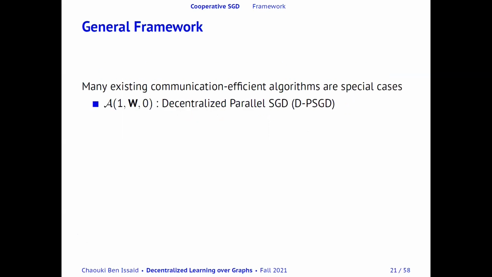nodes. Finally, if we set tau equal to 1, consider a general mixing matrix W, and set nu equal to 0, then we get decentralized parallel SGD, and this corresponds to the decentralized setting.